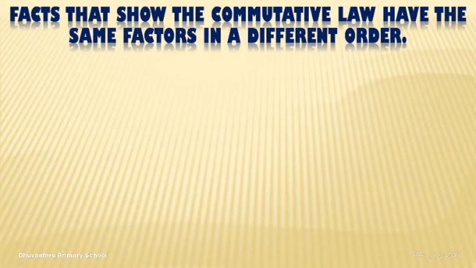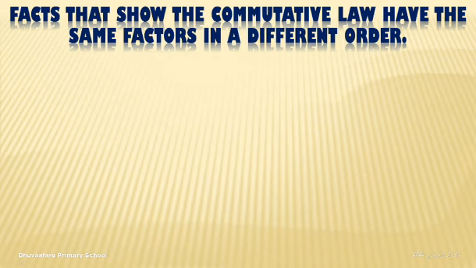Let's look at facts that show the commutative law. When we look at them, we know the facts that show the commutative law have the same factors, but in a different order.